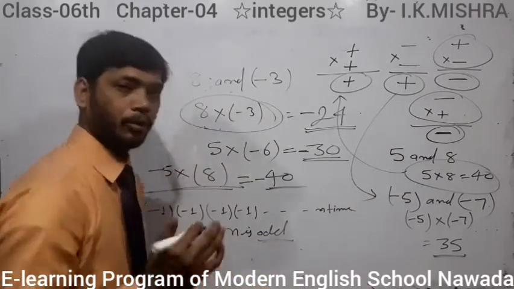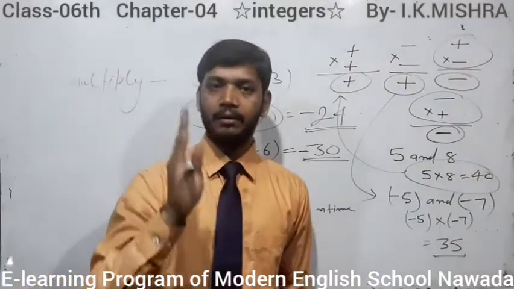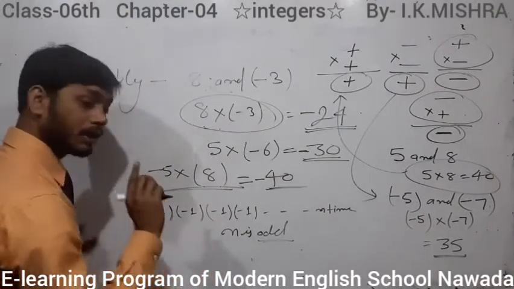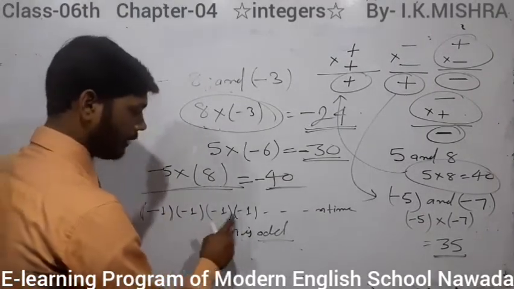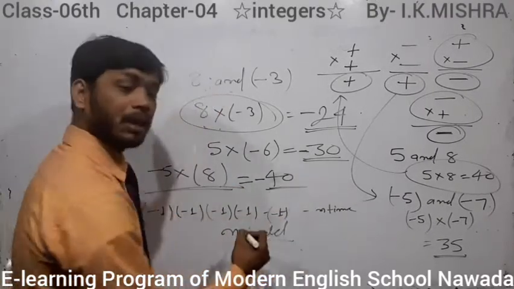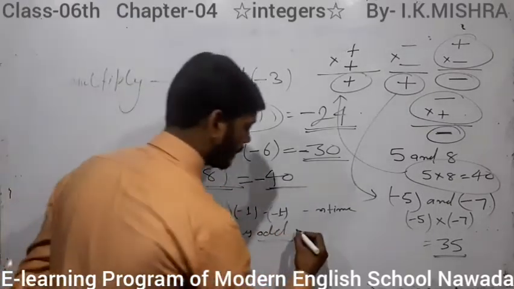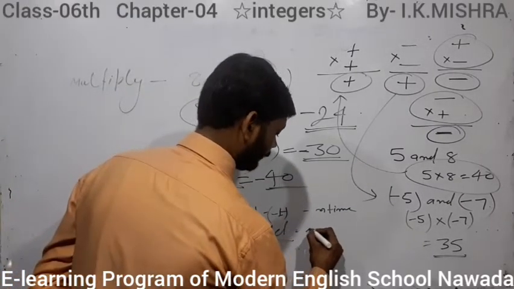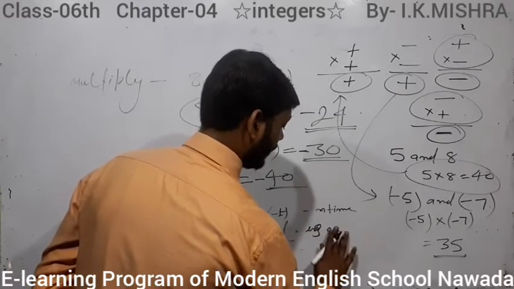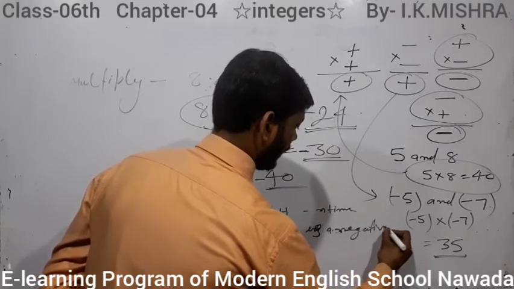Odd means, suppose 3, 5, 7. For example, minus 1 five times: 1 2 3 4 5, 5 is an odd number. So when n is odd and all are negative integers, the result is a negative integer.